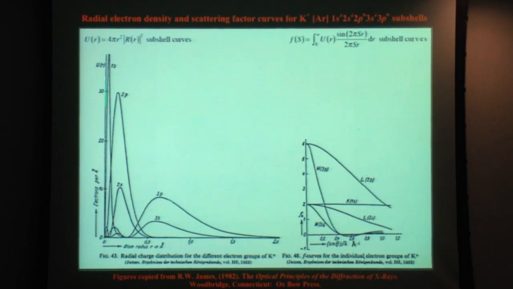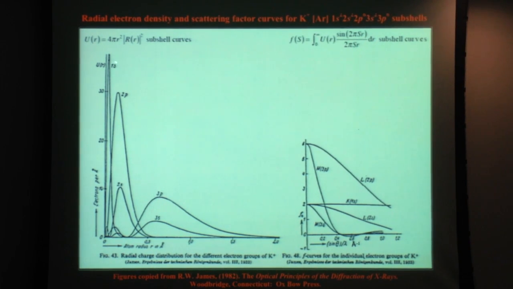And to get the scattering factor that corresponds to this configuration of electron density, so here we're in crystal space or direct space, we have to Fourier transform each of these to get their corresponding scattering factor values in reciprocal space.